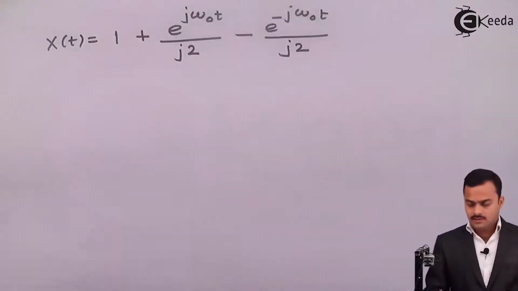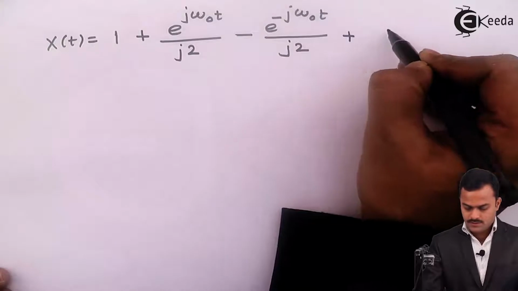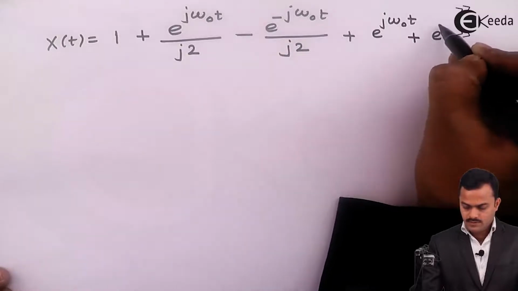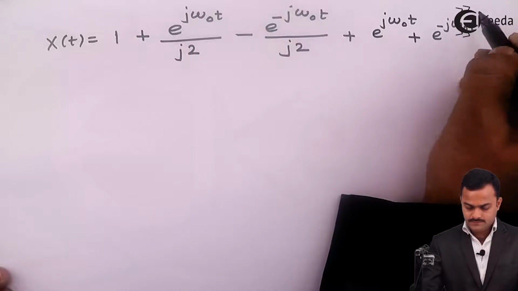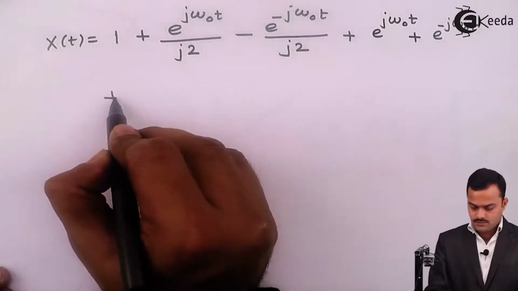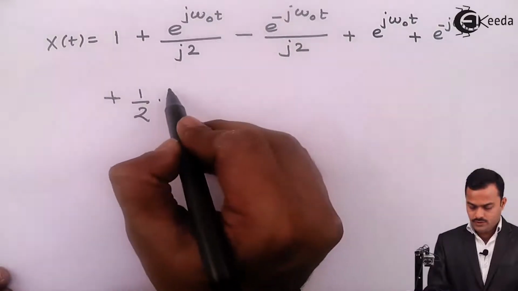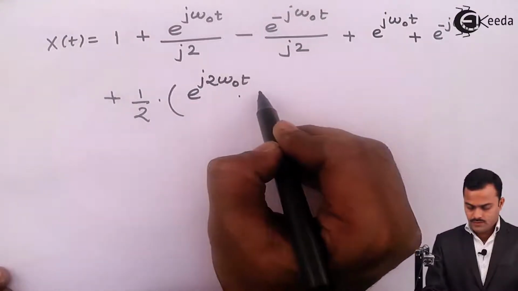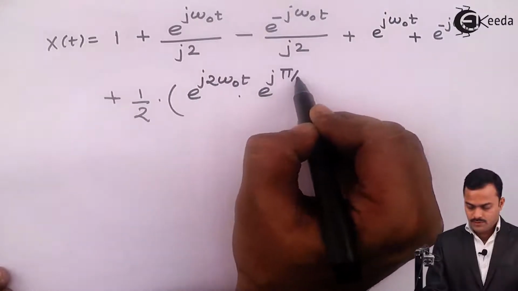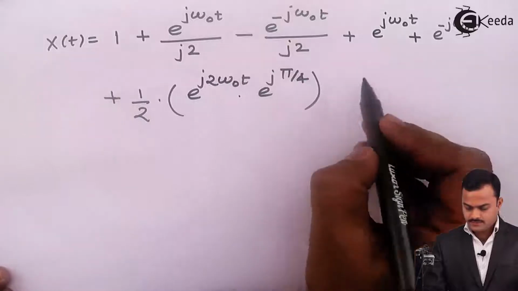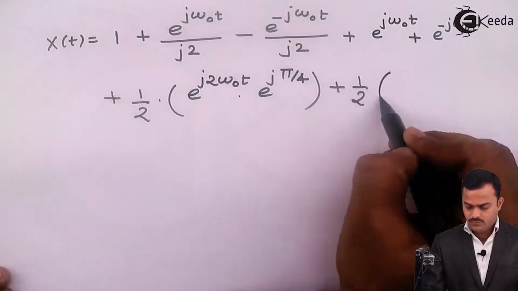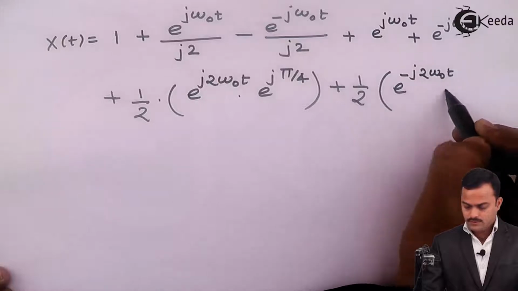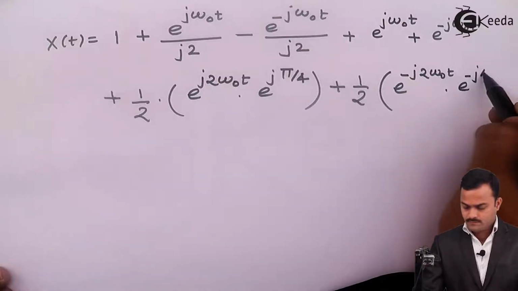So the terms left are plus e raised to j omega 0 t plus e raised to minus j omega 0 t, plus 1 by 2 in bracket e raised to j 2 omega 0 t into e raised to j pi by 4, plus 1 by 2 in bracket e raised to minus j 2 omega 0 t into e raised to minus j pi by 4.